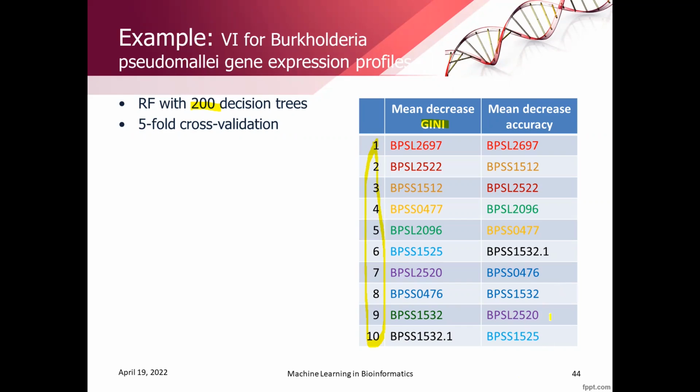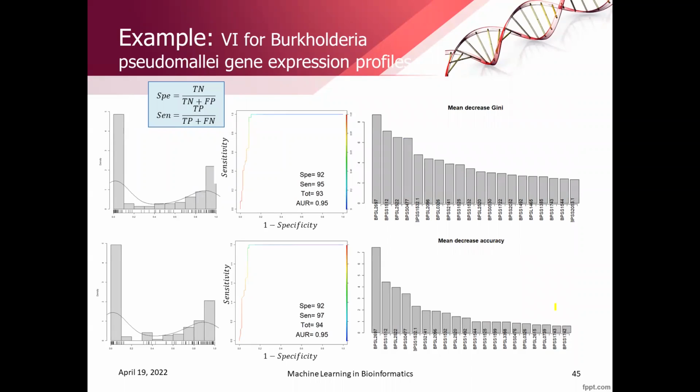I tried to color the names of the antigens, they call them genes, with the same color, so it's easy to spot that the ordering is different, but the set of top 10 attributes is the same. And here is also the comparison of the obtained variable importance.